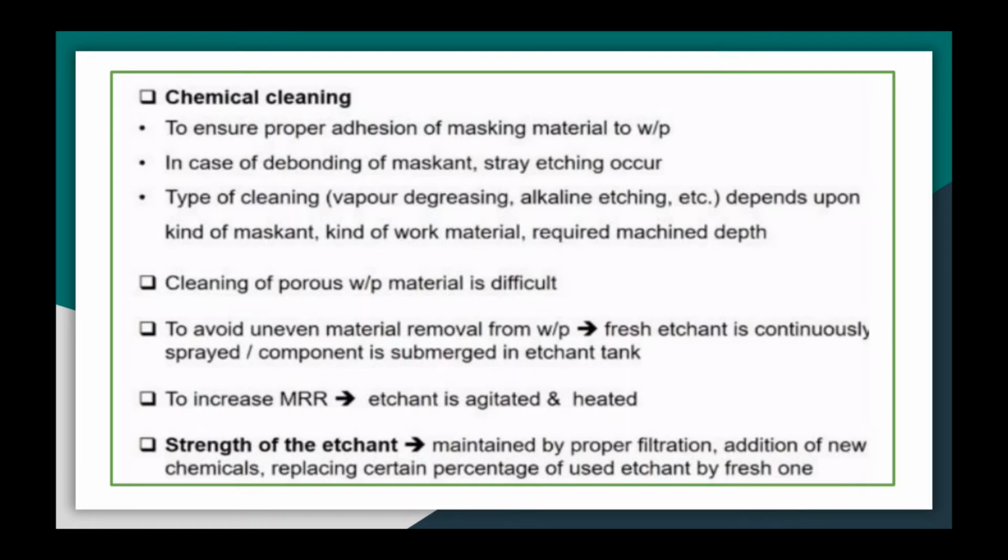We have to filter the etchant, because etchant is not thrown away after using once. It is recirculated as long as it can react with the workpiece material, because it is quite expensive also. So it should be properly filtered before putting it back into the container, and periodic addition of new etchant is also needed, because it is always getting mixed with the reaction product.